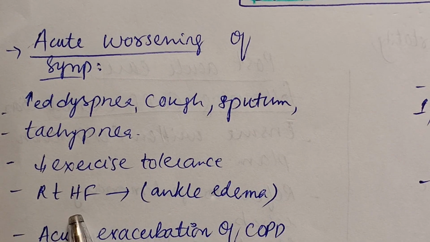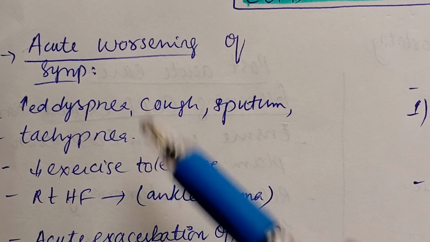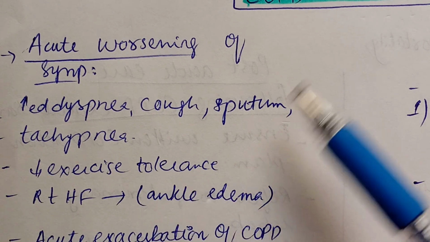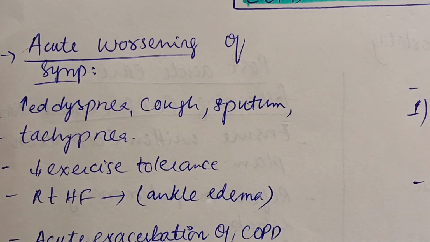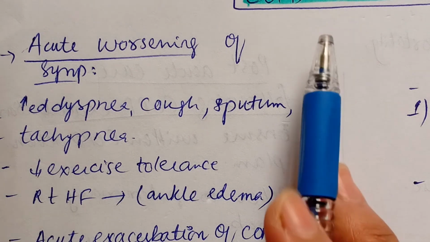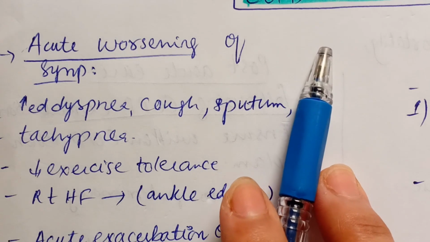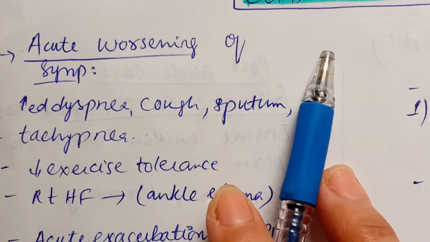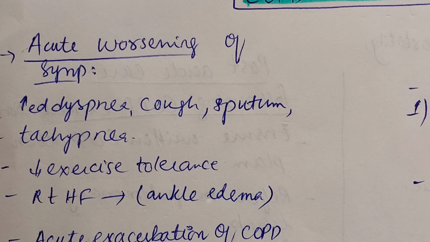There can be some right heart failure signs like ankle edema and chest discomfort. So these are the symptoms of acute exacerbation of COPD. These are the symptoms of stable COPD, but when these symptoms start to get worse acutely and suddenly, we are going to diagnose it as COPD exacerbation. COPD exacerbation can be due to any comorbid infection or any other non-pulmonary causes that have precipitated it.